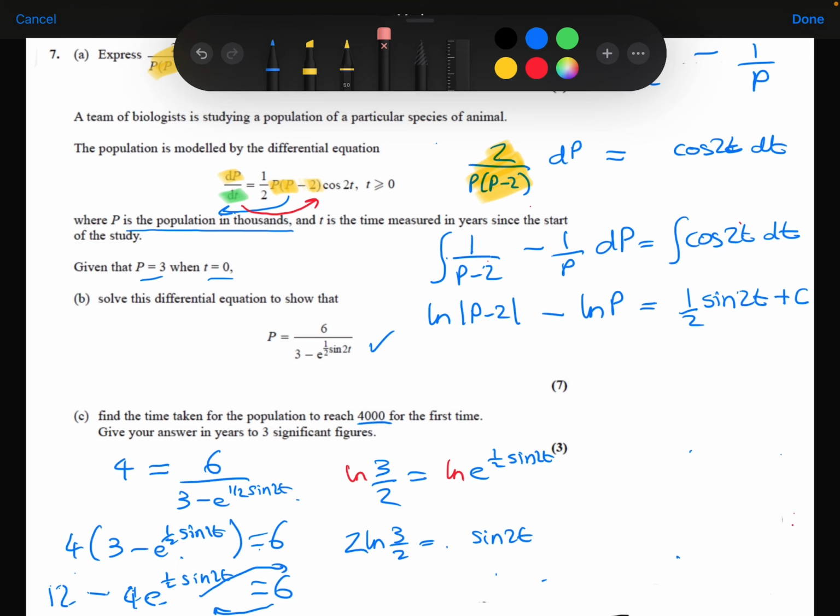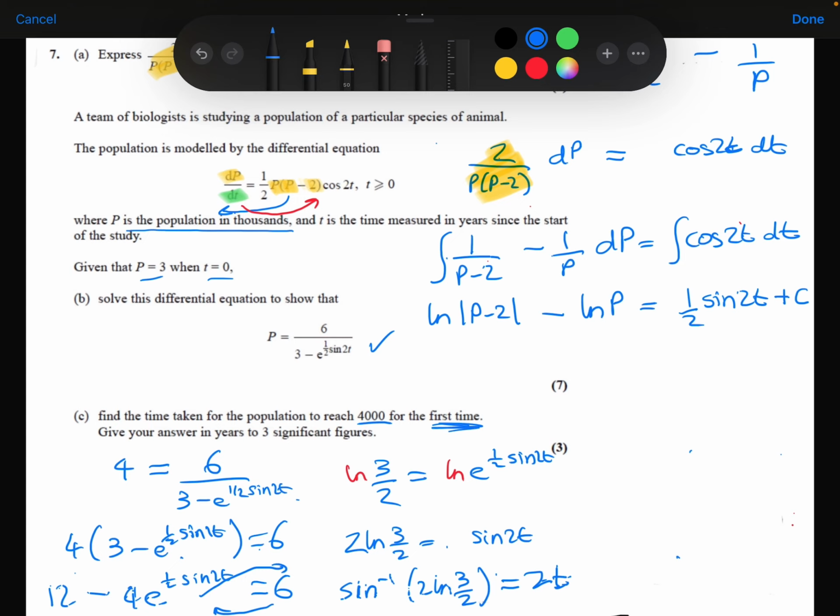Now we can do inverse sine. Sine inverse of 2 ln 3 over 2 would be equal to 2t. And I don't need to find more than one solution. It just says first time, so I only need to find one solution here, as long as I get a positive value for t, of course.